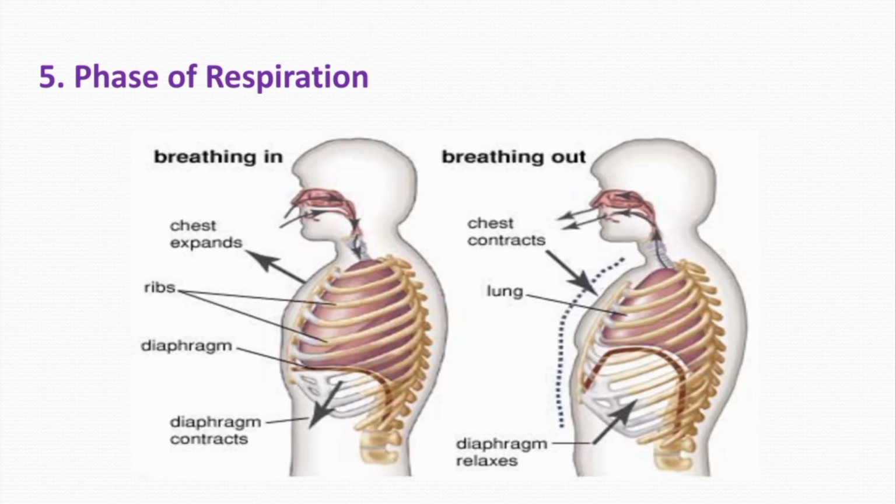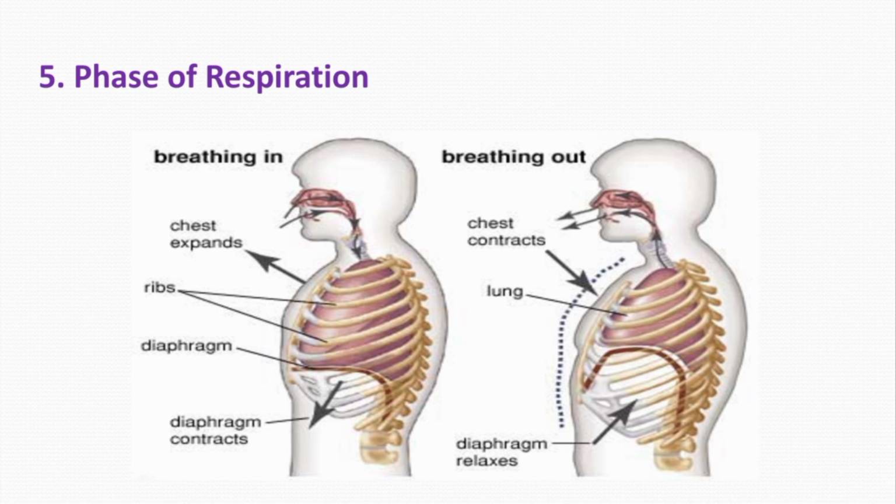The next factor which determines the resistance of airways is the phase of the respiration. Now, during inspiration, because the lungs expand and the airways also expand, there is less resistance to the airflow. But during expiration, there is a tendency for the airways to collapse.